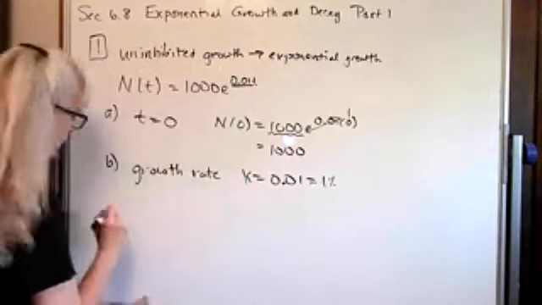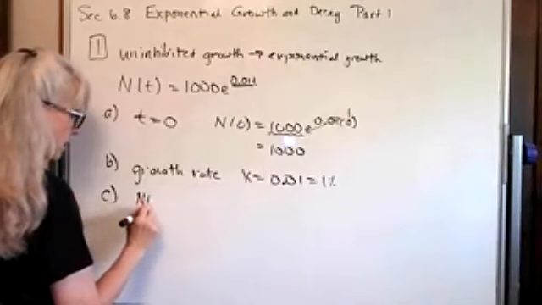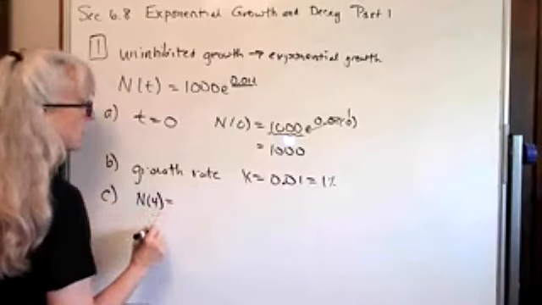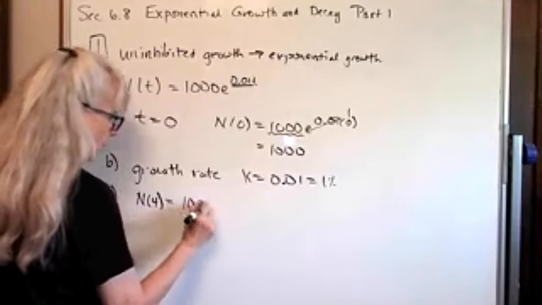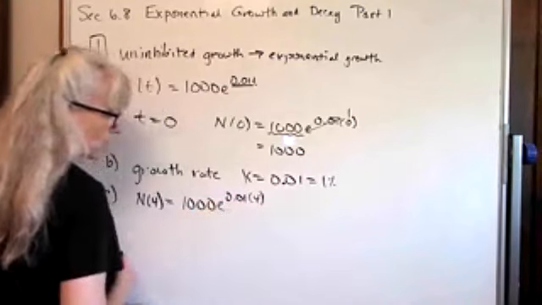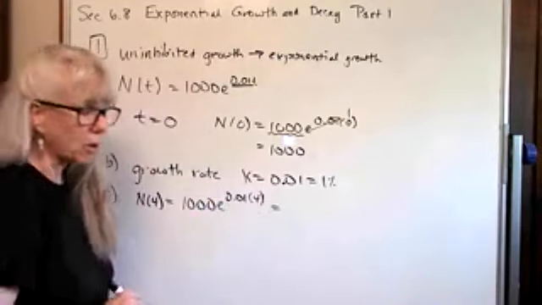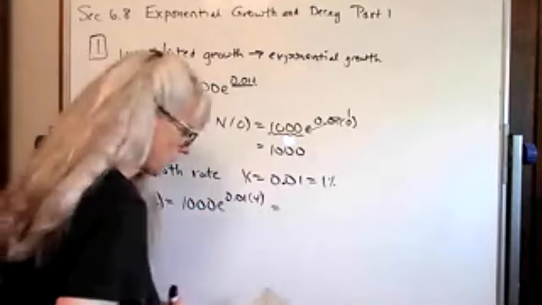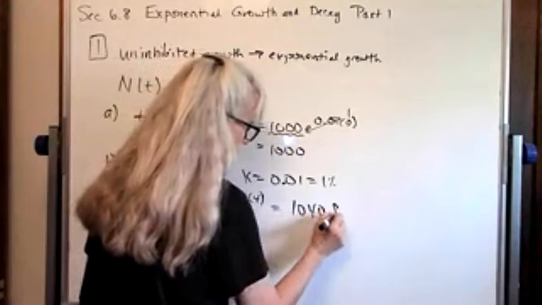Then finally part C asks, what's the population after 4 hours? So now we're going to find N of 4. So how many bacteria has our culture grown to in terms of 4 hours? So we're going to have 1,000 e to the 0.01 times 4. And then straight number crunching on your calculator. You're going to end up with 1040.8.